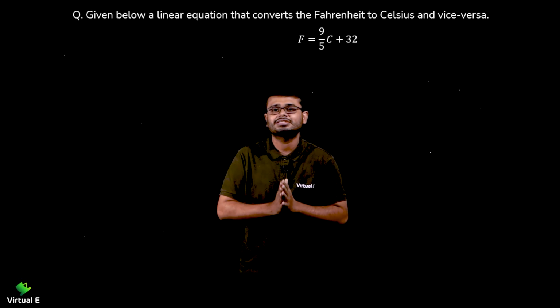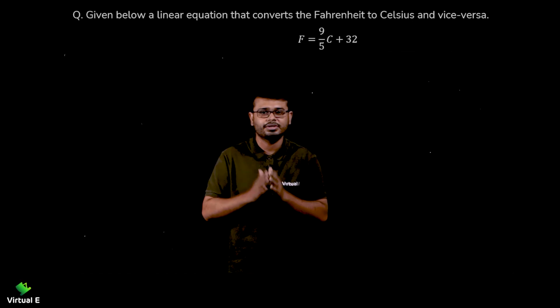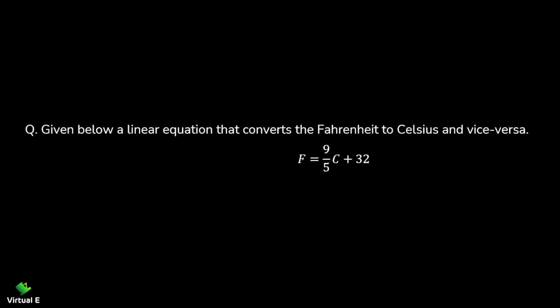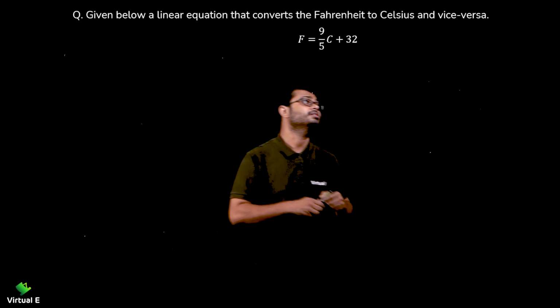Let's discuss the last question of this chapter, that is very important. Let's start. Given below is a linear equation that converts Fahrenheit and Celsius and vice versa. There is one relation given: F is equal to 9 by 5 into C plus 32. Let's write here, a very interesting relation.